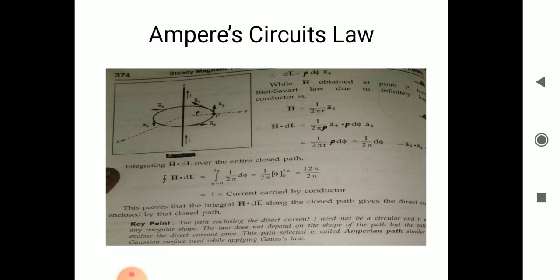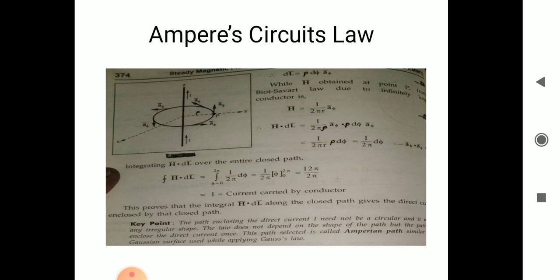As shown in the figure, a long straight conductor carrying a direct current I is placed along the z axis. Then consider a closed circular path of radius rho.